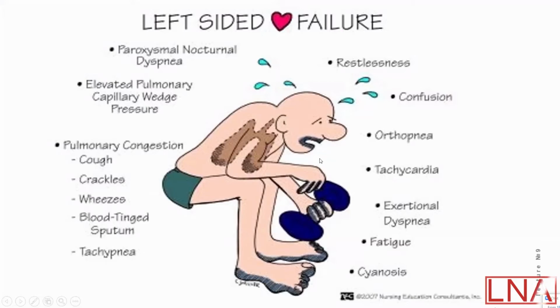Look at the picture: cyanosis of the mouth, of the nasolabial triangle, the distal phalanx on the arms, the distal phalanx on the foot, paroxysmal nocturnal dyspnea and cardiac asthma, elevated pulmonary capillary wedge pressure, and pulmonary congestion. Signs: cough, crackles at the base of the lungs, wheezing, blood-tinged sputum, and tachypnea.